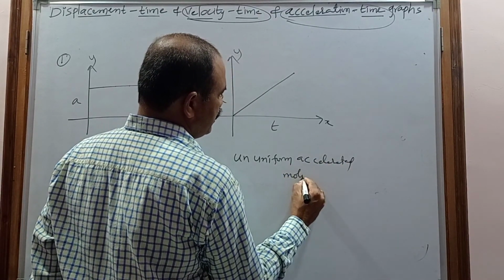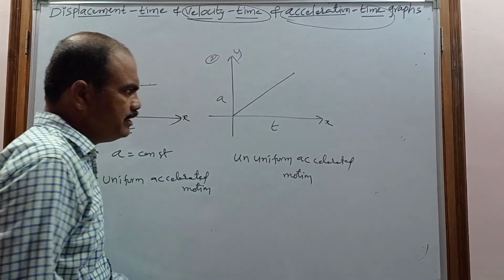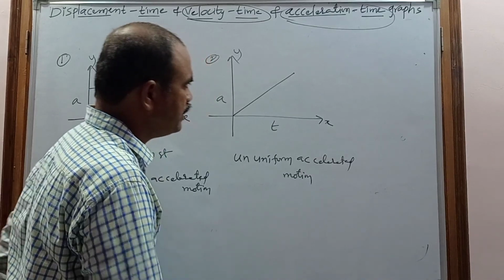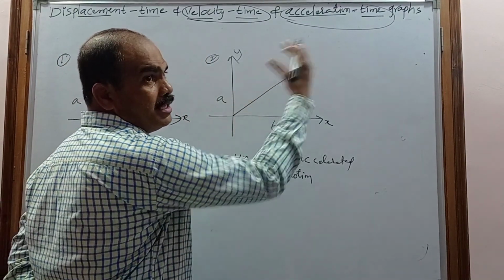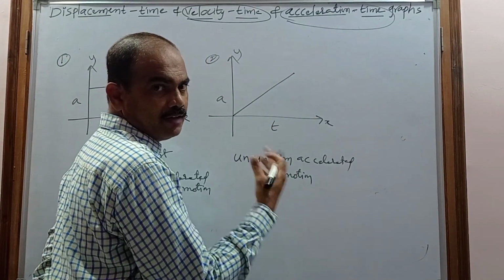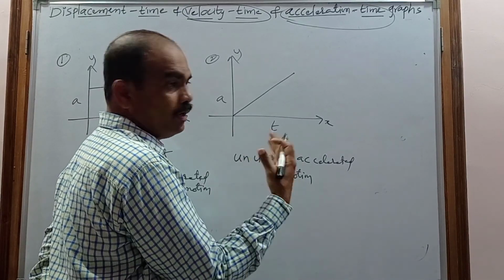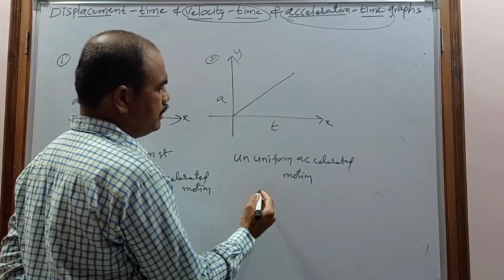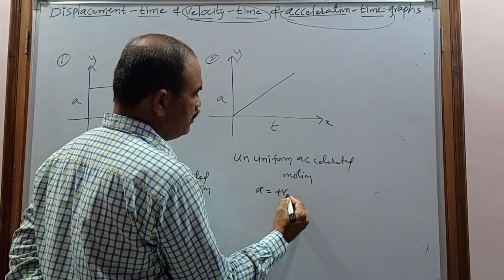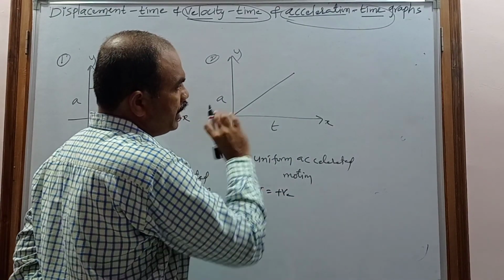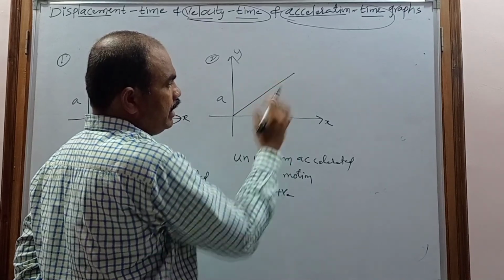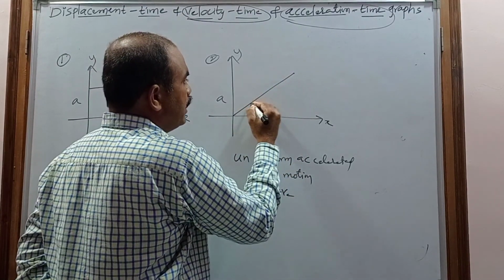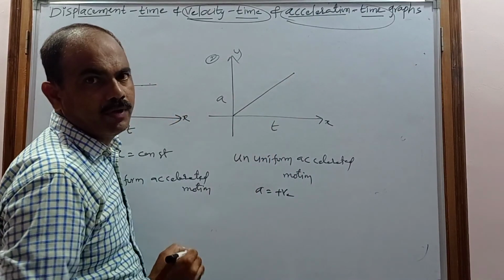The acceleration increases equally in equal intervals of time. Here a will be positive, but it increases in equal intervals of time. Why? Because the slope will be the same at every point.